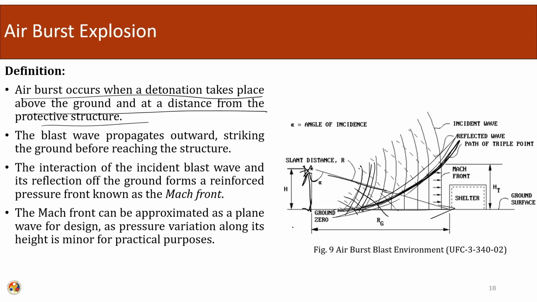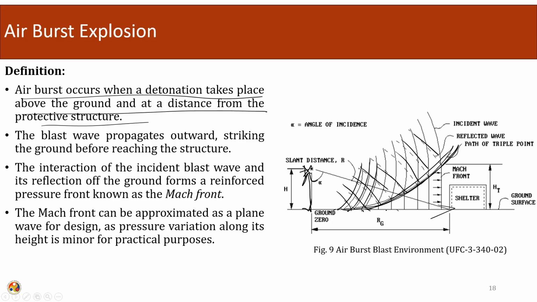These are the incident waves, and then there are reflected waves from the ground. Incident waves, when they hit the ground, will form the reflected wave, and their interacting point is called the path of the triple point.